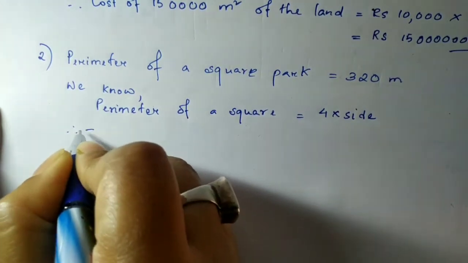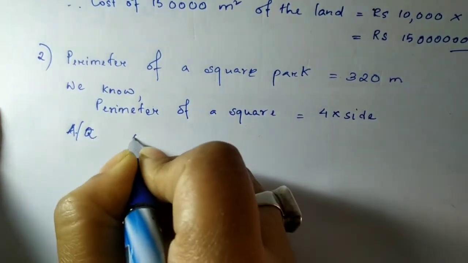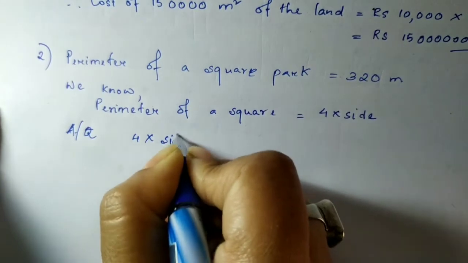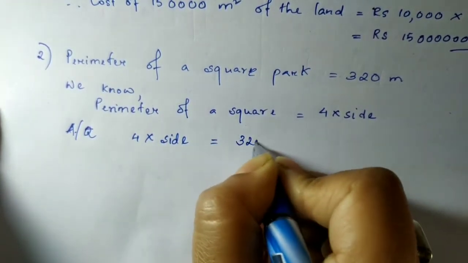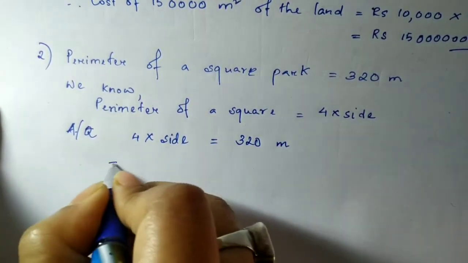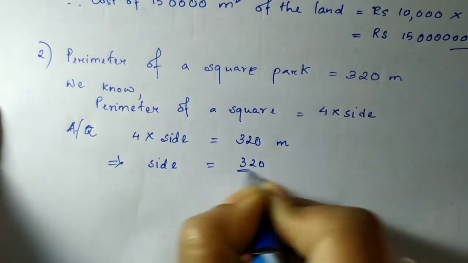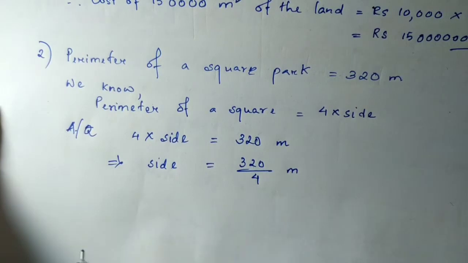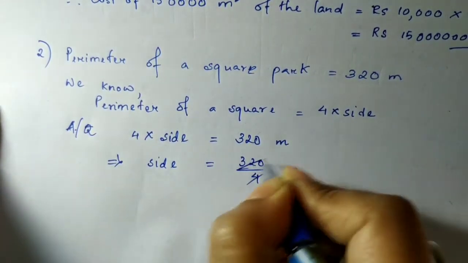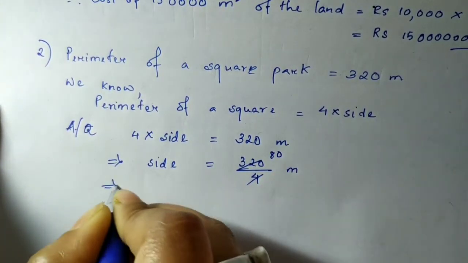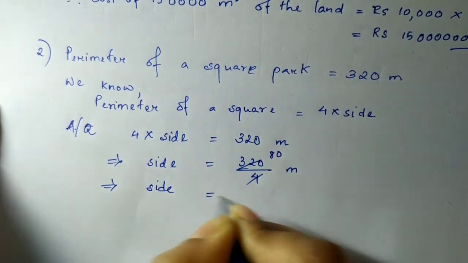So according to the question, 4 into side should be equal to the given perimeter. Let's solve it like an equation. Side is 320 divided by 4 meter; 4 8s are 32, 0. So side will be equal to 80 meter.